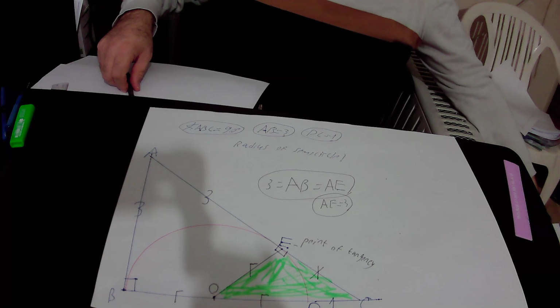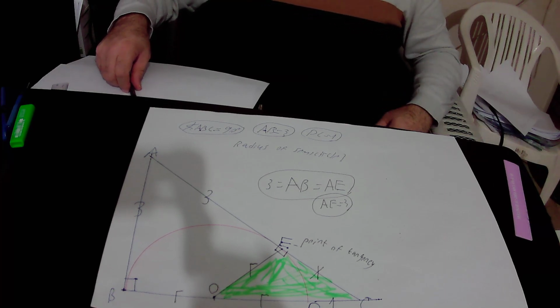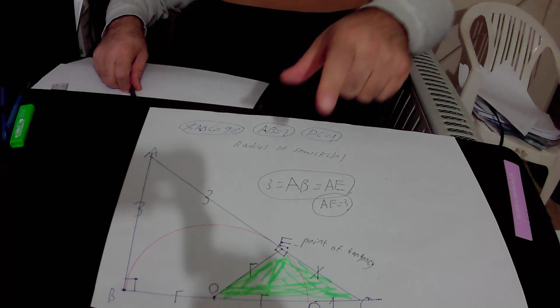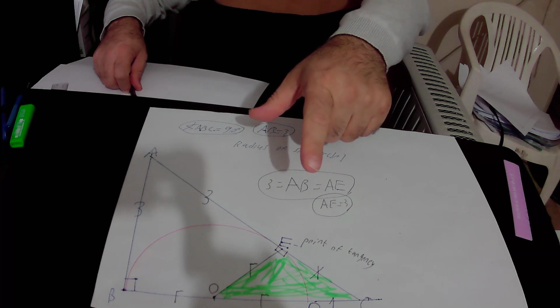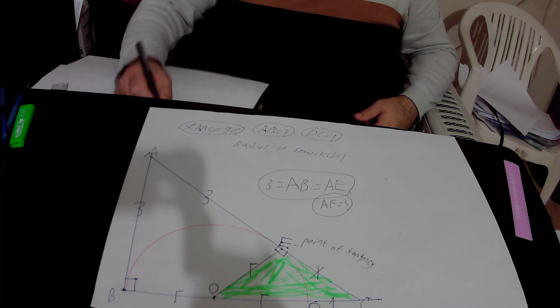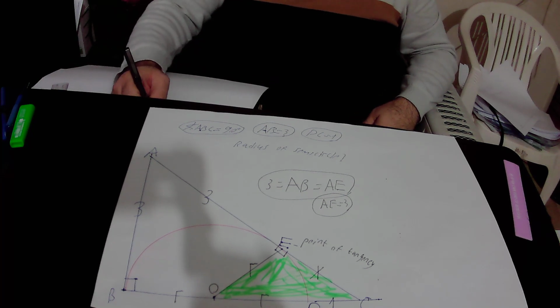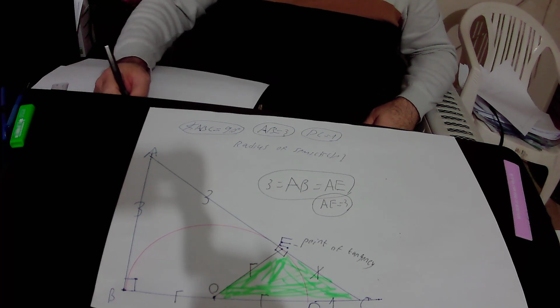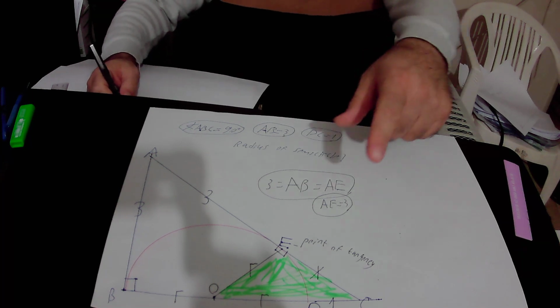We will actually prove that those two triangles are similar to each other. So we will focus on triangle ABC and on triangle OEC.